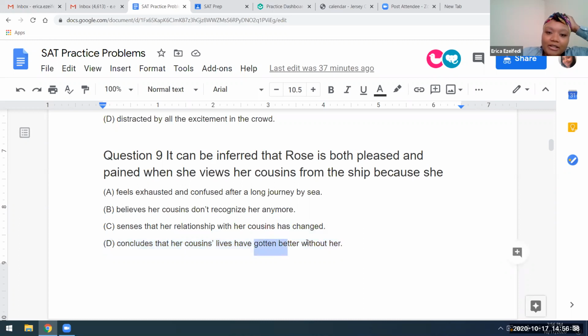We can infer from the statement "gotten better without her" that she was like a nuisance to them, that she brought them down. So that's a negative thing.